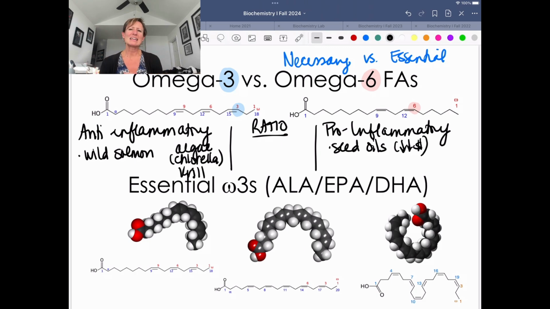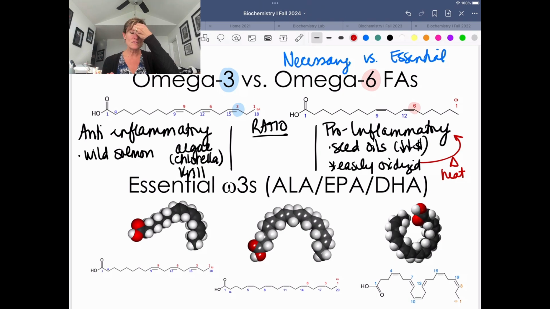But I want to highlight that anytime you are using an oil for cooking that is unsaturated, the problem is it is easily oxidized, and heat, unfortunately, does a lot to facilitate that oxidation process, and that even makes them more pro-inflammatory.